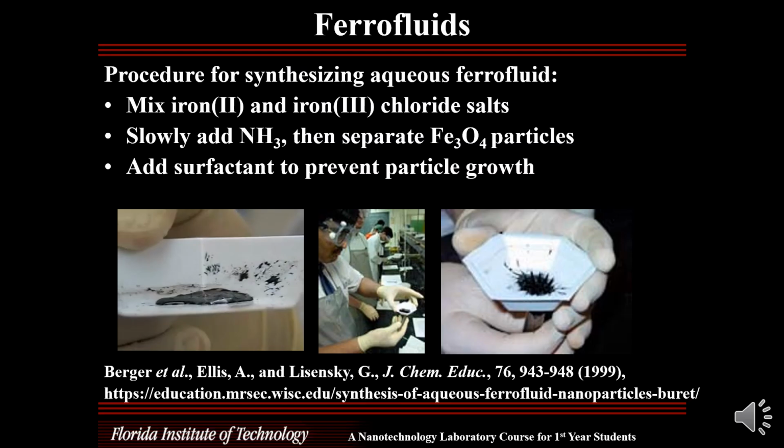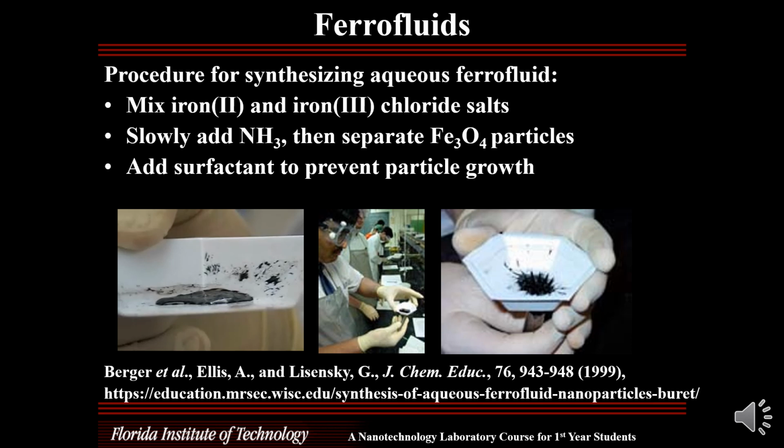In the freshman course, we have students make what are called ferrofluids. These are Fe3O4 nanoparticle suspensions. Basically, you mix iron 2 and iron 3 chloride salts and then add ammonium hydroxide to that, and that basically titrates the acid that the chlorides are dissolved in.